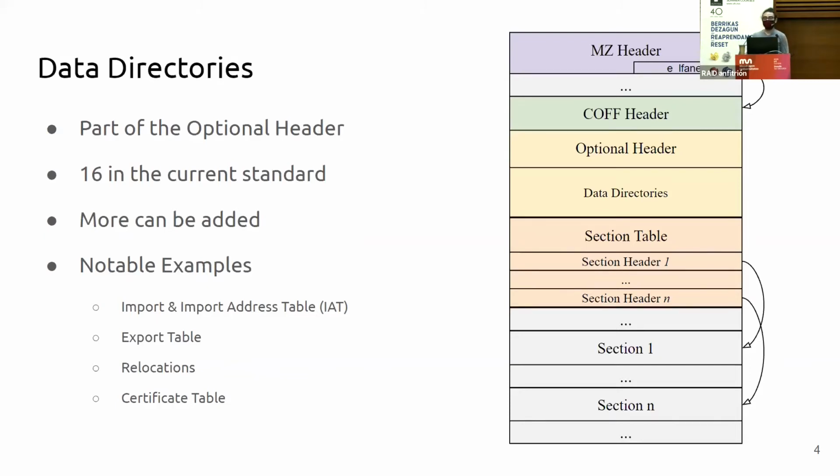In fact, as of now, 16 data directories are defined, and they address very specific tasks, such as import and export table, relocations, and certificate table, but more can be added in the future.